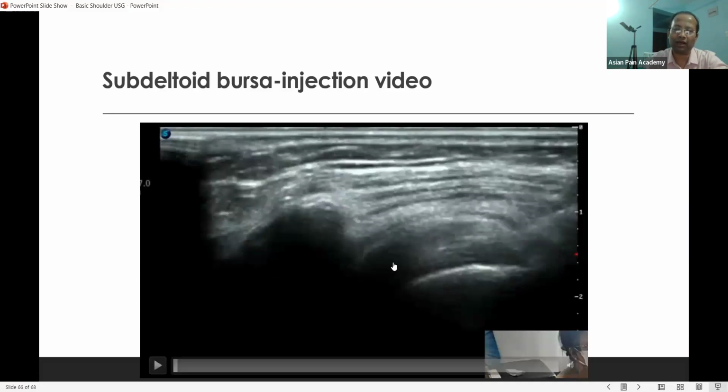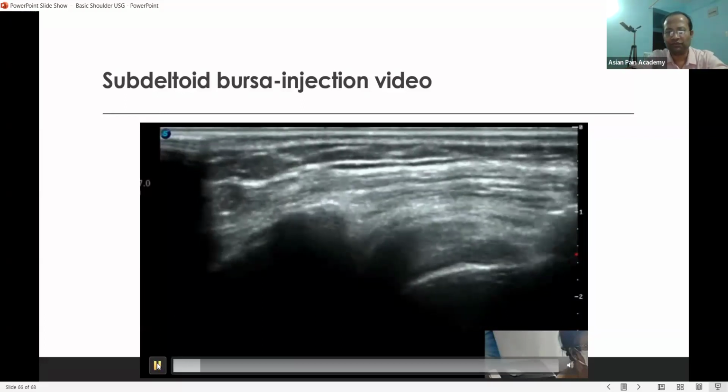Many times I have seen many YouTube videos also where many people are not injecting in the right bursal layer. They are coming either in the lower muscle fibers of the deltoid or the upper tendinous fibers of the supraspinatus.